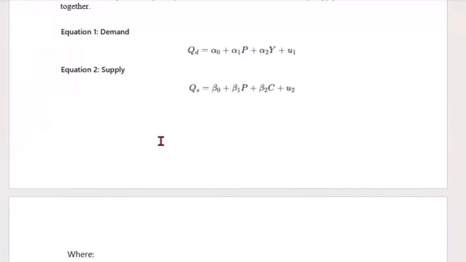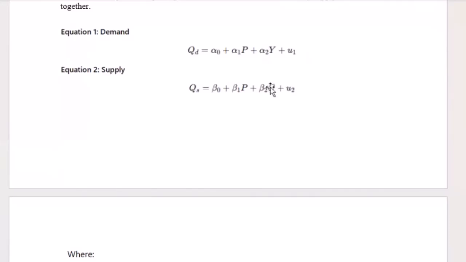So in such a case, we say that one assumption of OLS is violated. This assumption is that the independent variables are independent of the error terms. But we have seen that in simultaneous equations, the first equation depends on the second equation, and the second equation depends on the first equation, including the error terms.